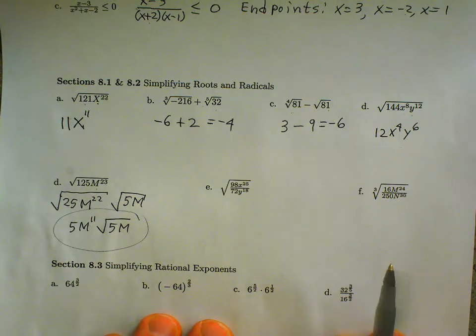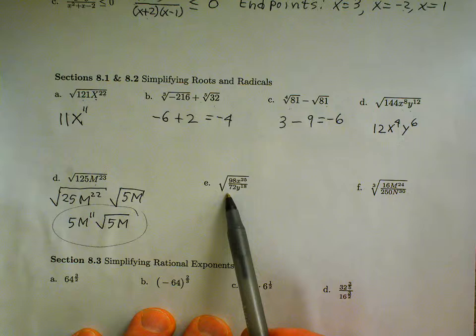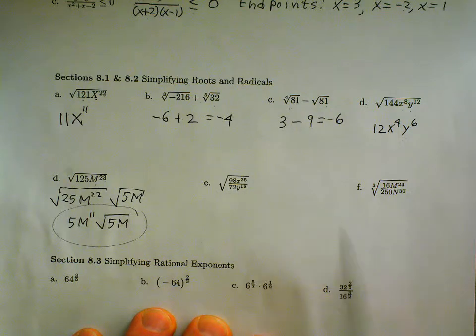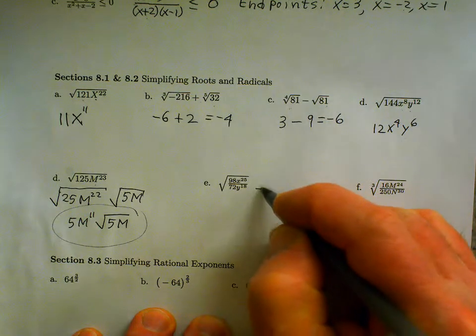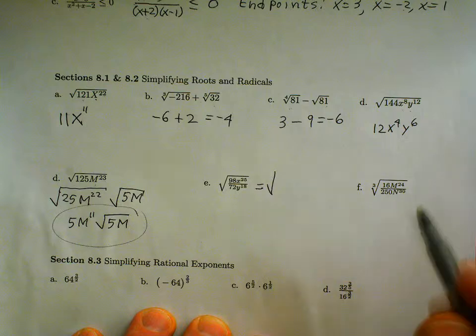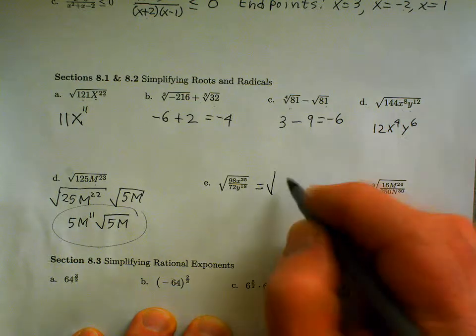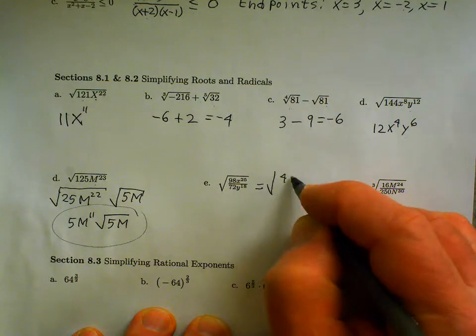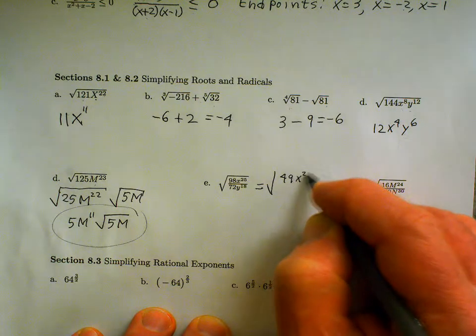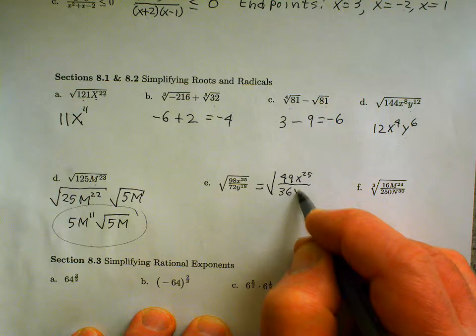Okay, on the next one, we have the square root of 98x to the 25th over 72y to the 18th. Notice that 98 over 72 can be written in lower terms because 98 and 72 have a common factor of 2. So let's rewrite this as the square root of 49x to the 25th over the square root of 36y to the 18th.